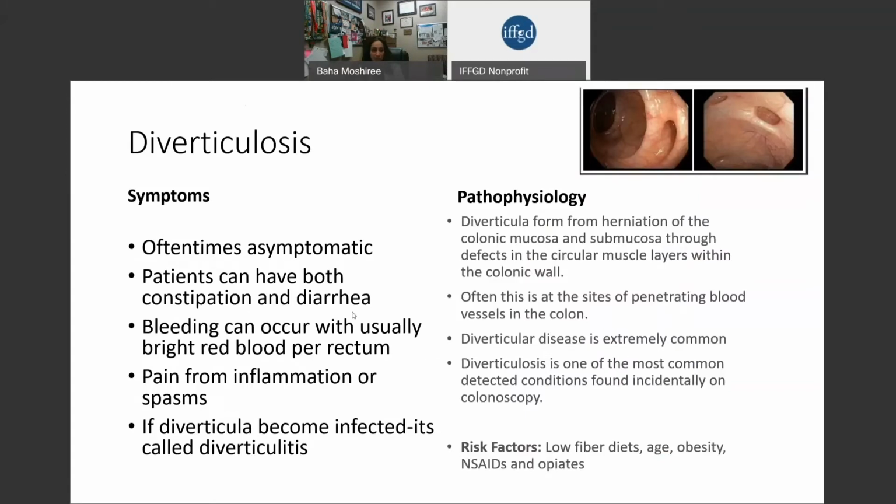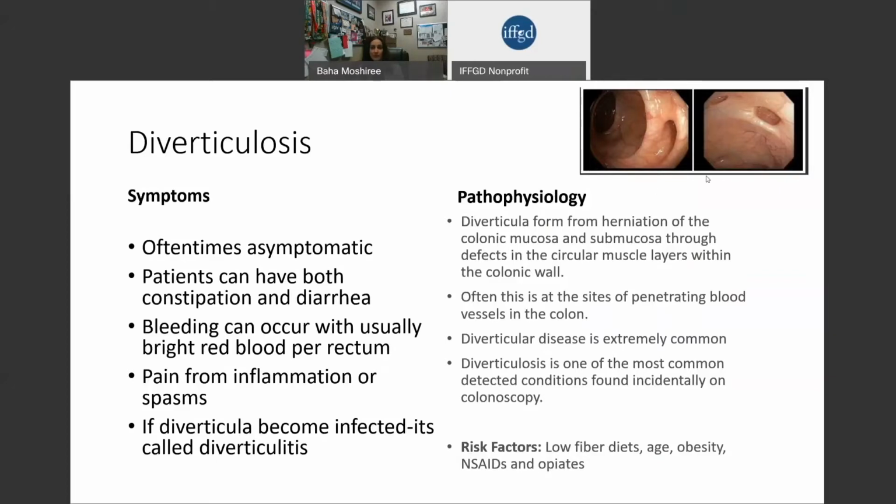So diverticulosis, this is very common. It's often asymptomatic, so patients who have this condition don't have any symptoms. You can see on the colonoscopy photos here these outpouchings in the colon.